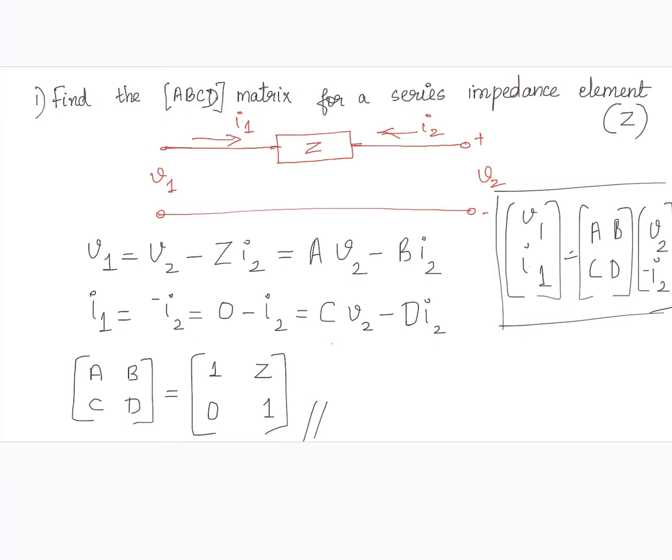Comparing the terms, A is equal to 1, B is equal to Z, C is equal to 0 and D is equal to 1. The general expression will be 1 Z 0 1.